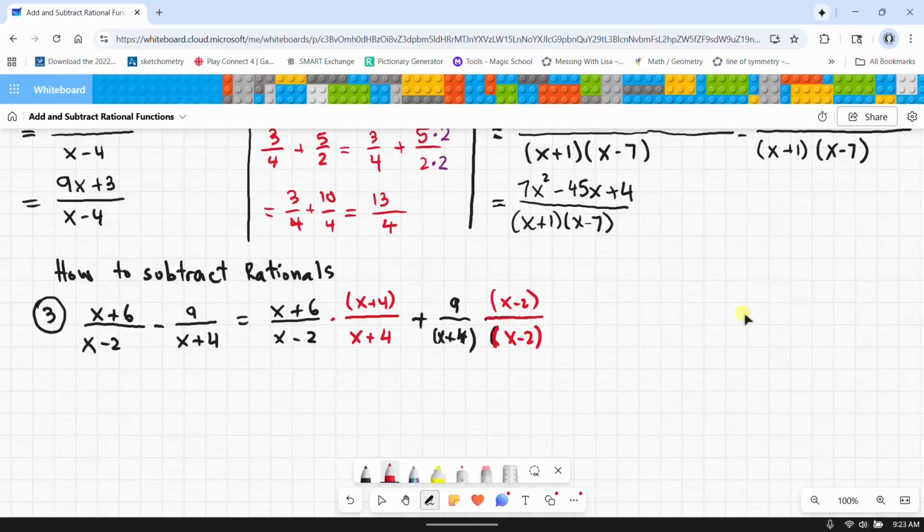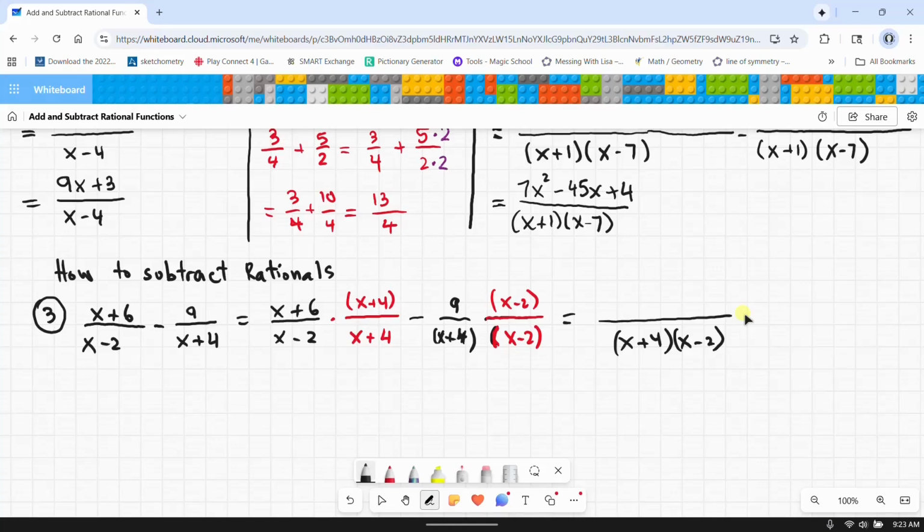So here you have the same denominator, common denominator. So now the common denominator is x plus 4, x minus 2. Now again, I made a little mistake here. It's a minus, not the plus.